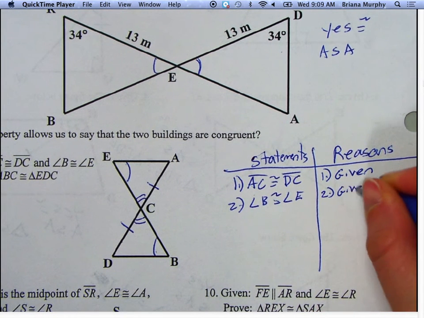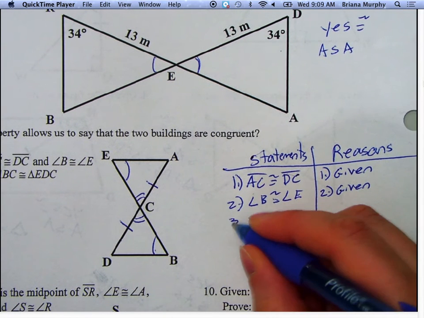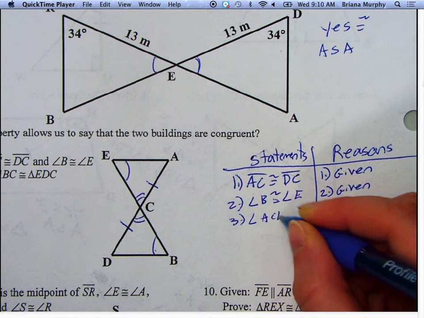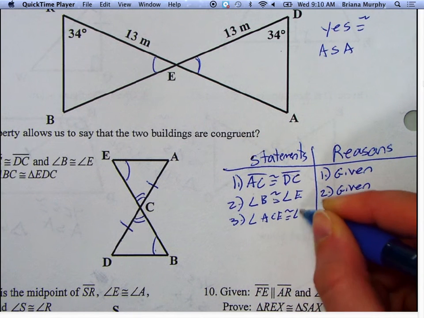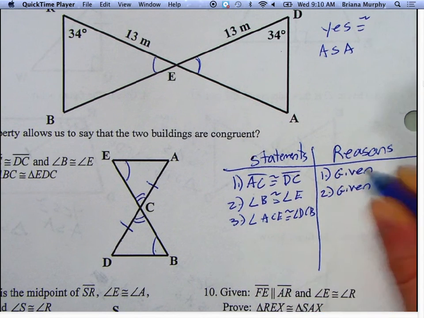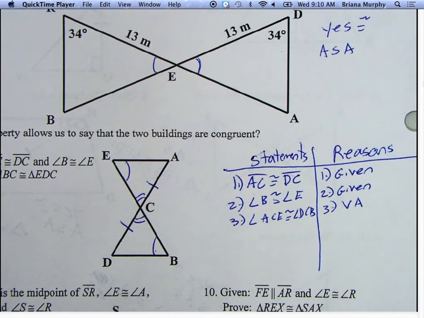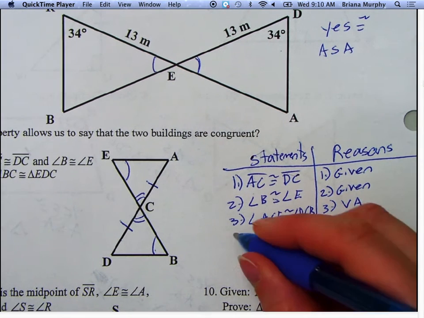Then, just like Jay was saying, I'm going to do angle ACE is congruent to angle DCB by vertical angles. I'm just going to put VA for vertical angles. Okay. Step 4.